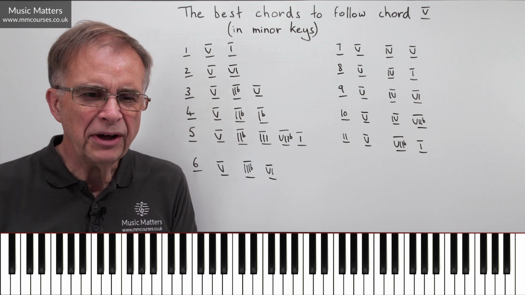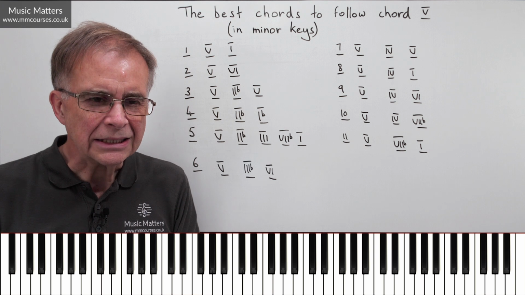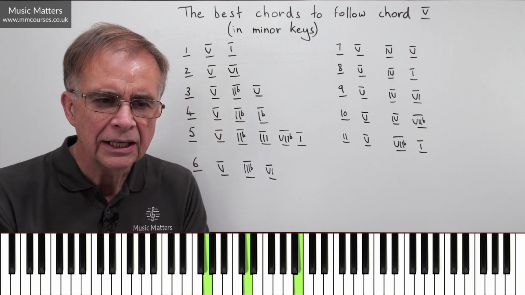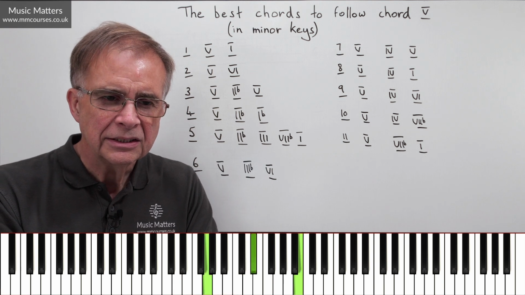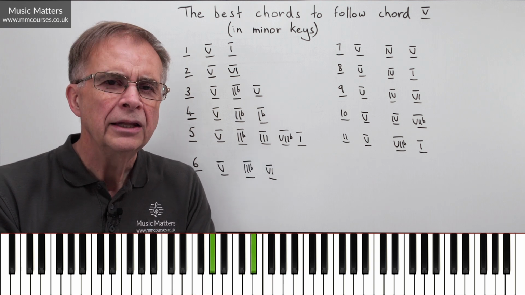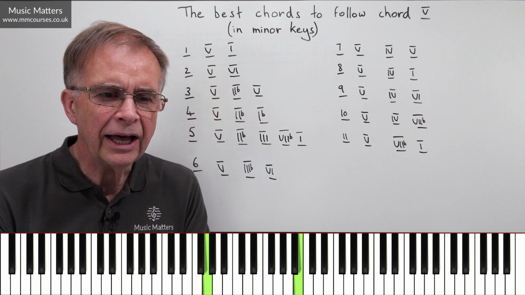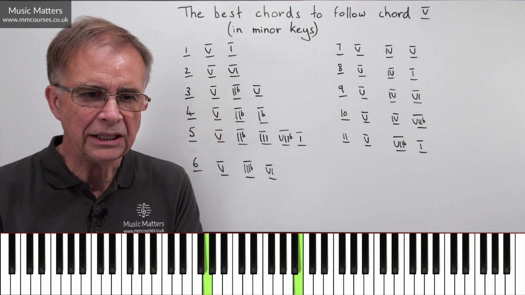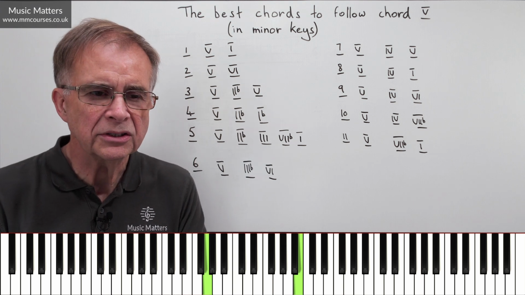Okay. Option 6: 5, 3B, 6. Whoa, why would I want to do that? Well, what's happening there? 5 and 3 both have the G and the B in the case of C minor, our example key.